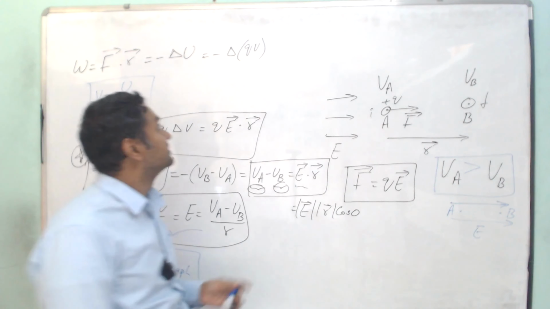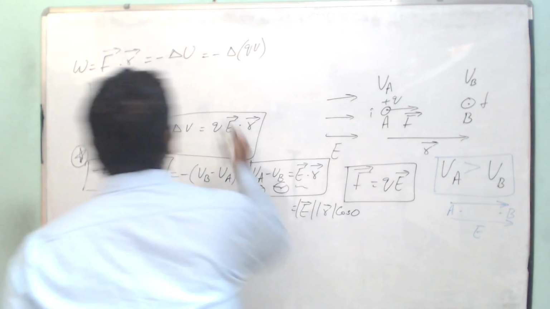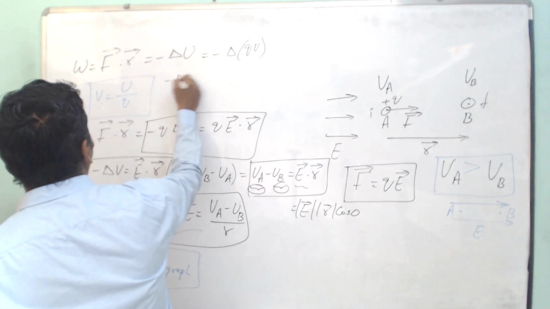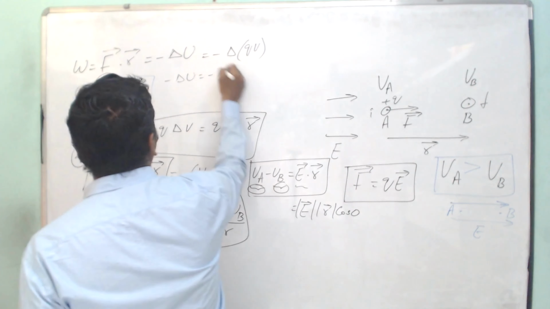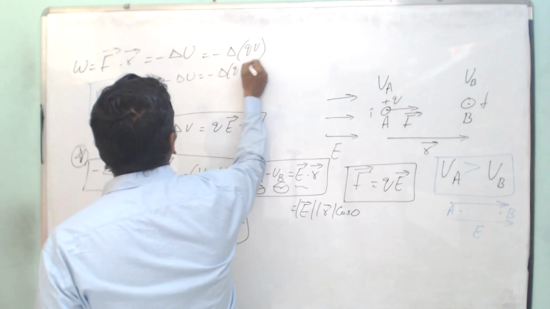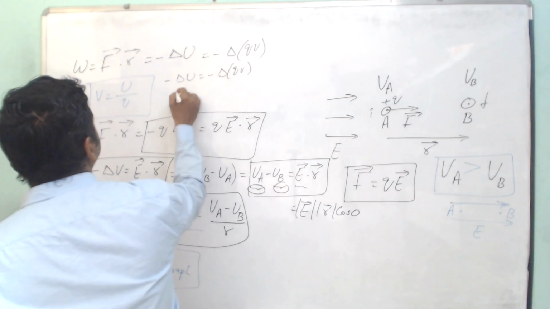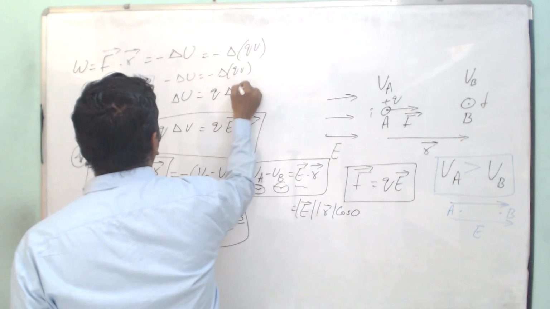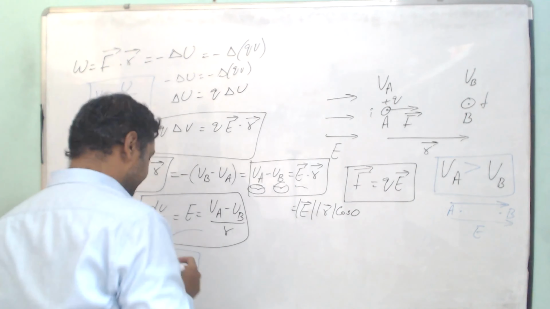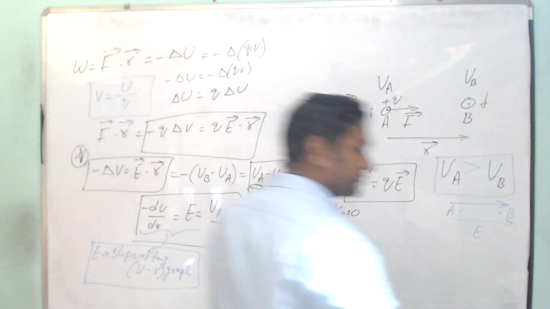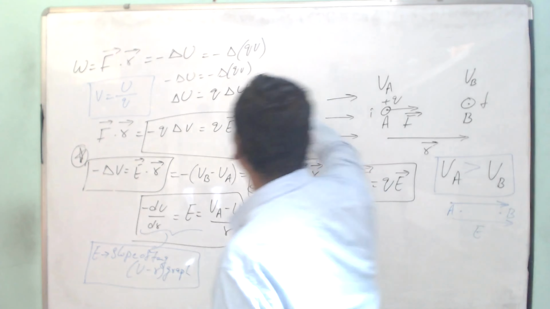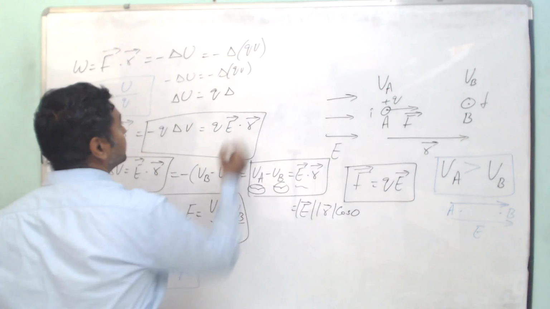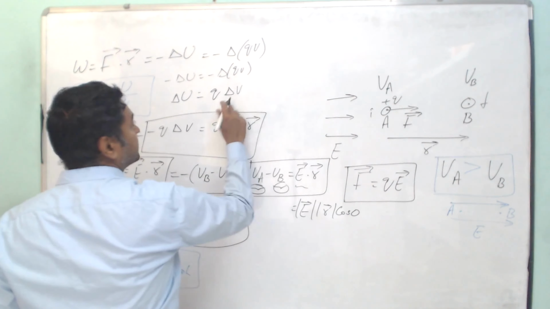See, if you look at this particular part, we have written minus delta U is equal to minus of delta Q into V. Only from this also, if you see, delta U is equal to Q into delta V. Correct? Yes, sir. That means, what is delta V by the way?